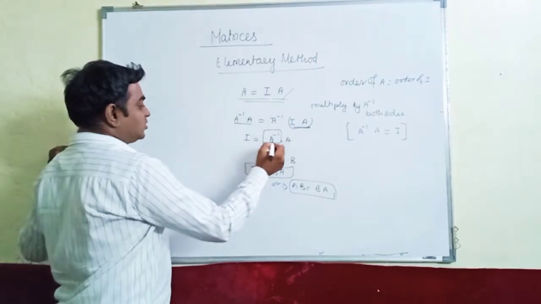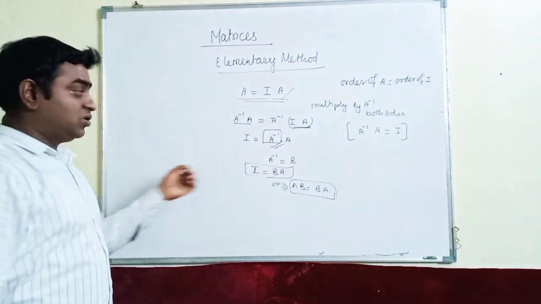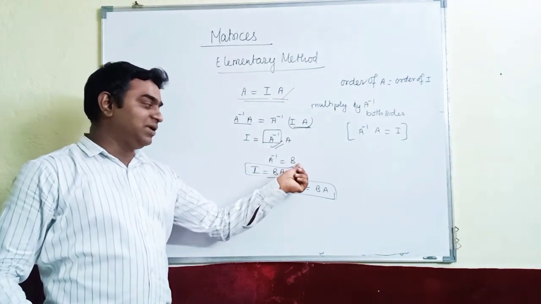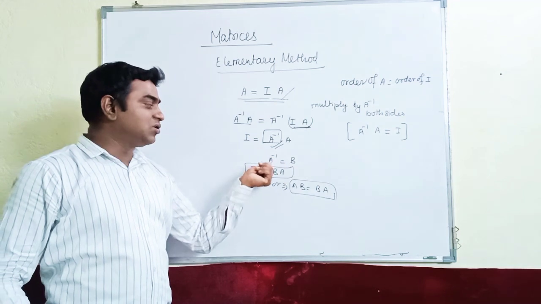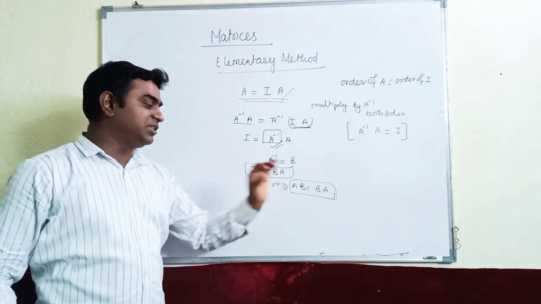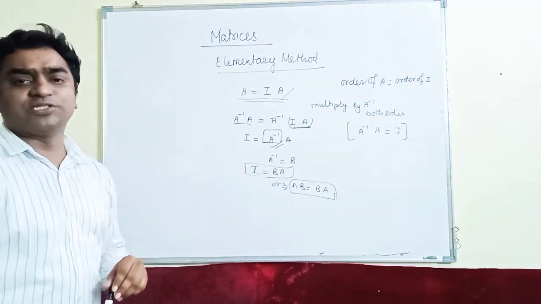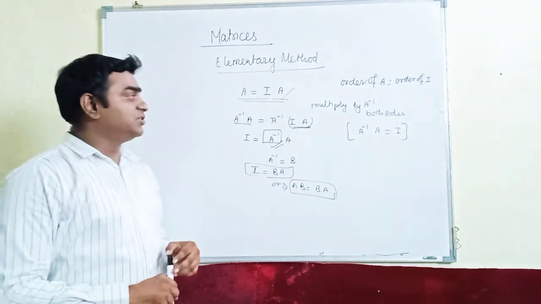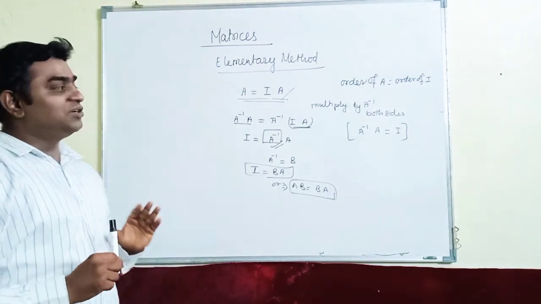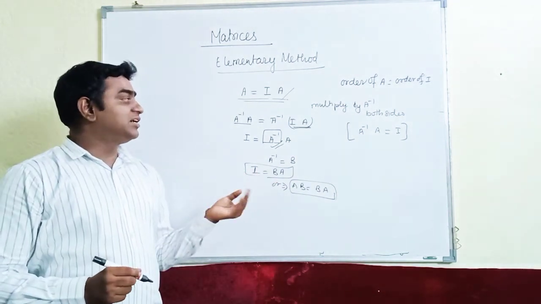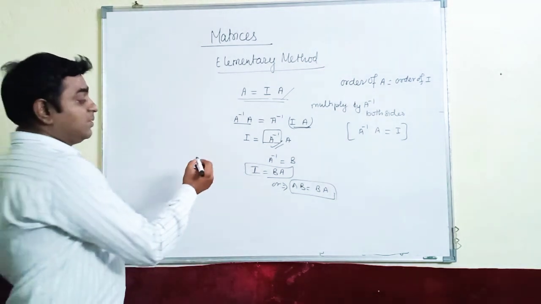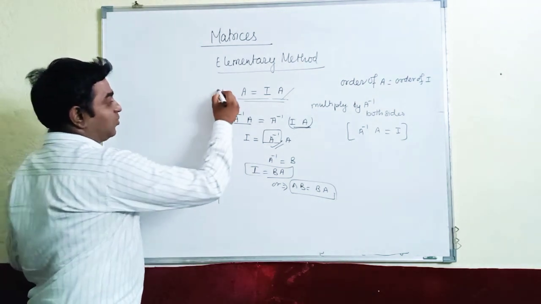So I equals A inverse into A. A inverse is considered like B, so you can write B is equal to A inverse, or BA equals AB. That is always equal to each other. So here you understand, there is a method where you have to find the equation in this form only.